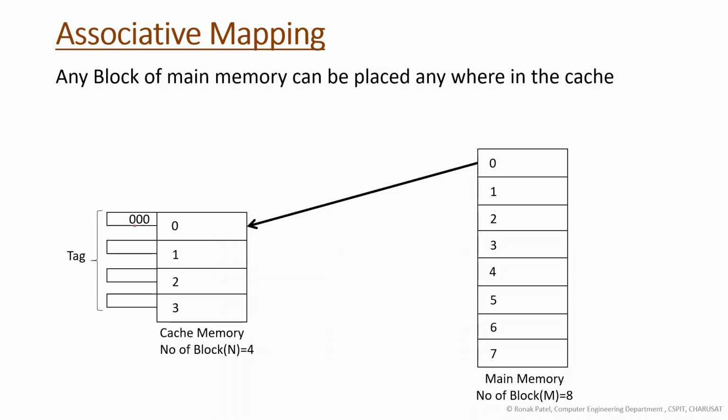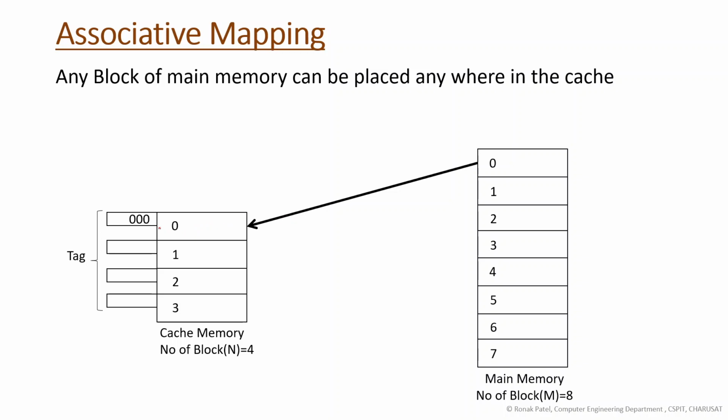Now what is the use of the tag here? In the previous case, direct mapping, the use of the tag is to check whether the correct block is present or not. Here also we want to check that, but we are not performing any modulo operation here.